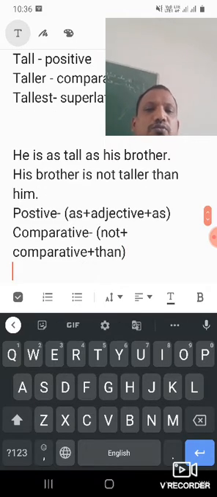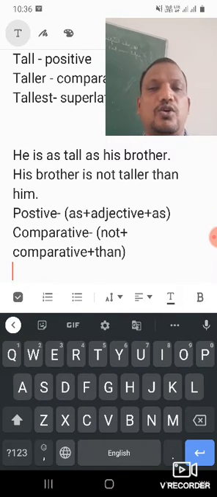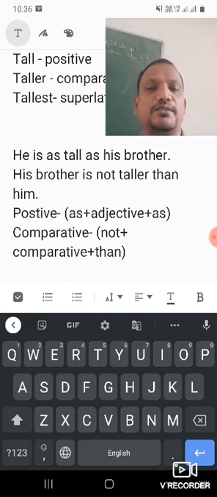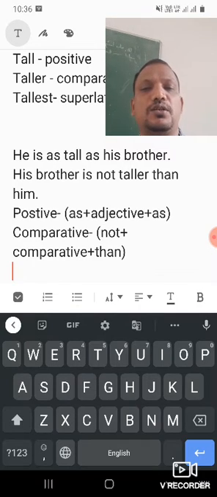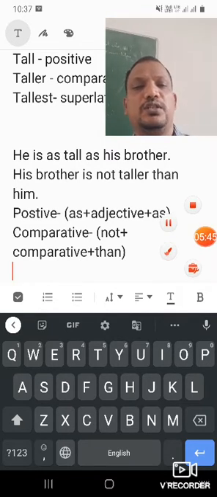So this is like a formula. In the positive degree, we have as tall as, as big as, as small as, whatever it may be. In the comparative degree, we have to add not, and then the comparative form of the adjective, followed by than, and the last person or thing which is compared will come at the beginning of the sentence in the comparative degree.